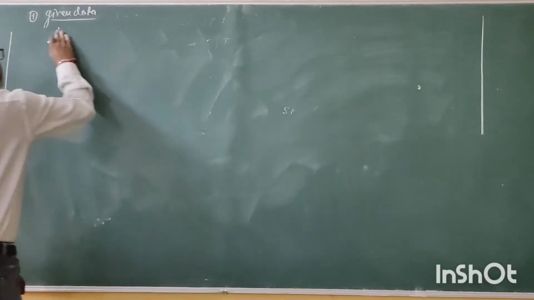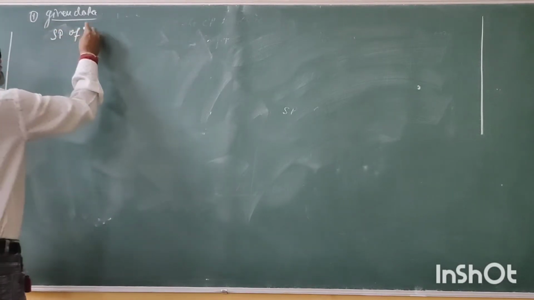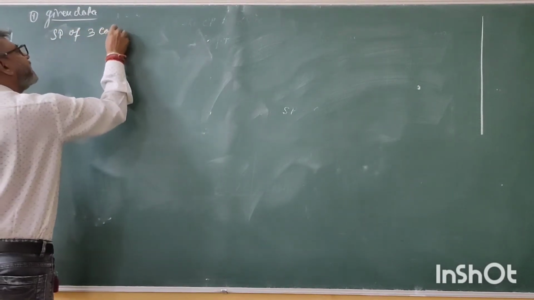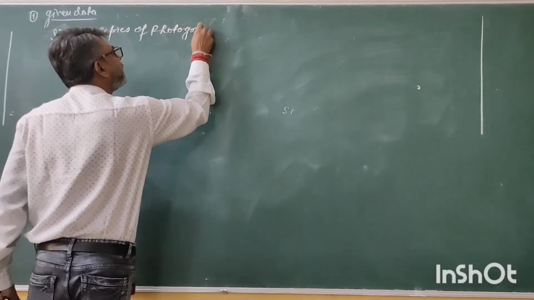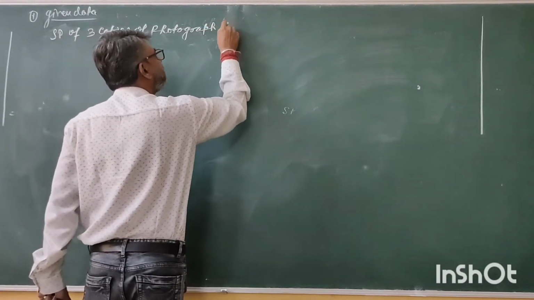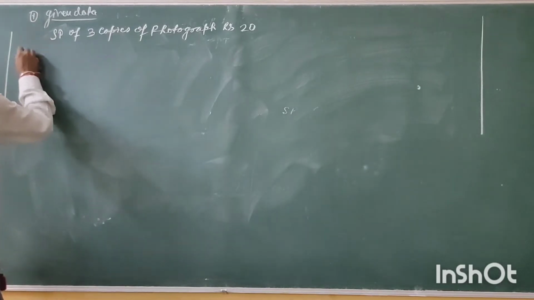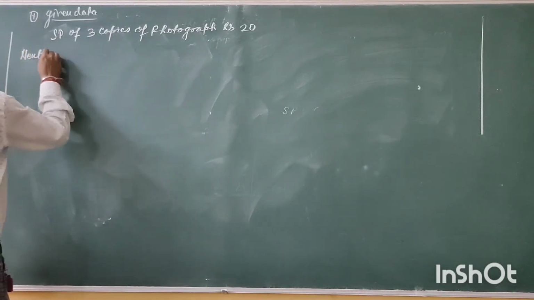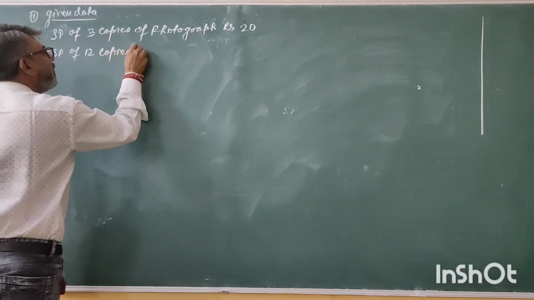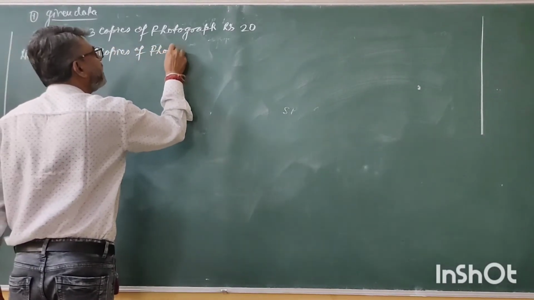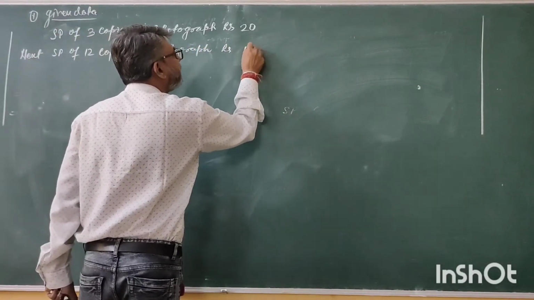Understand? Now as per given data, the selling price of 3 copies of photograph is ₹20. Understand? Next, the SP of 12 copies of photograph is ₹50.